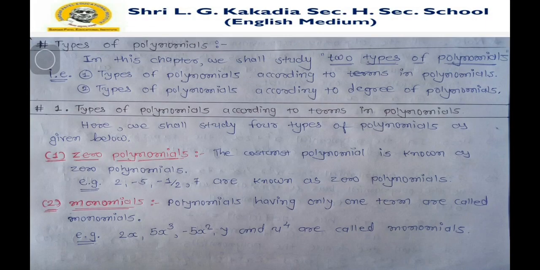Now we will study the types of polynomials. In this chapter, we will study only two types of polynomials in one variable.